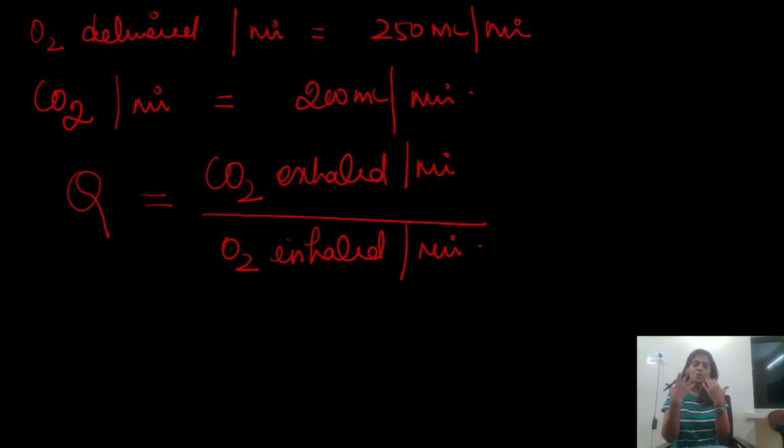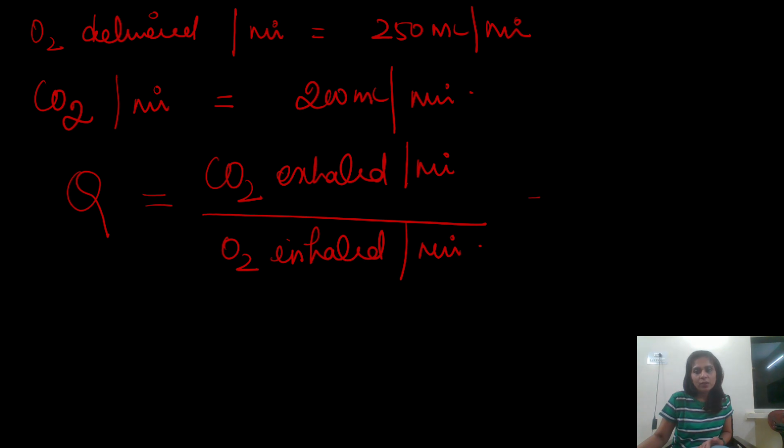For this much of oxygen which is taken by the body, how much carbon dioxide is produced by the body? Or in other words, you're trying to assess the rate of internal respiration, internal metabolism. That's why it's called respiratory quotient.